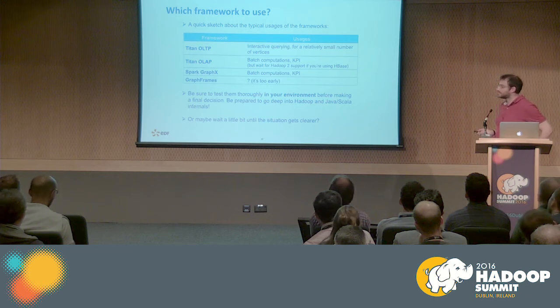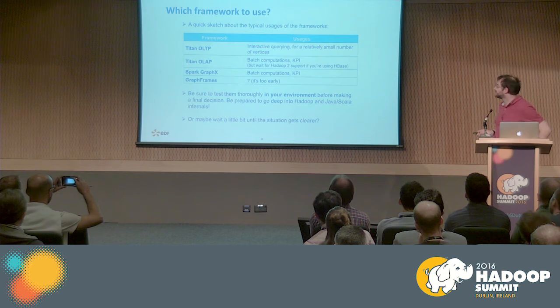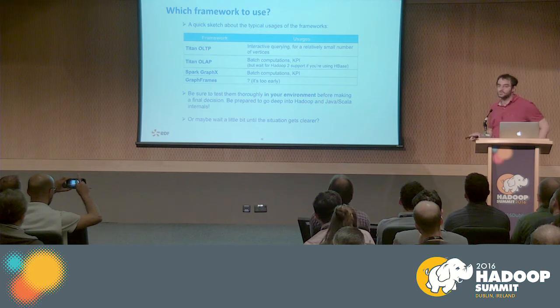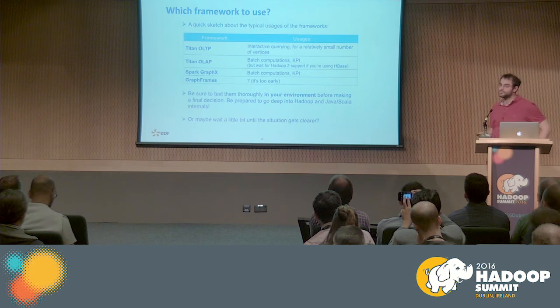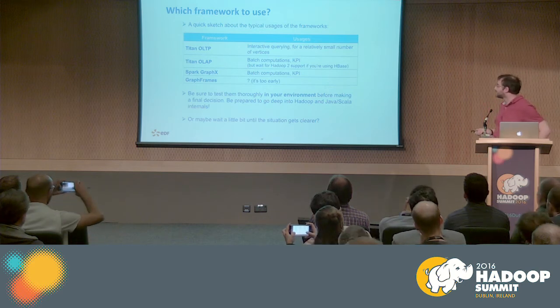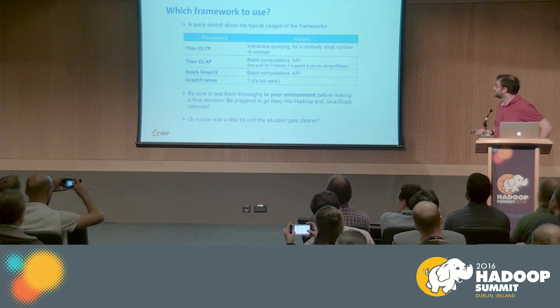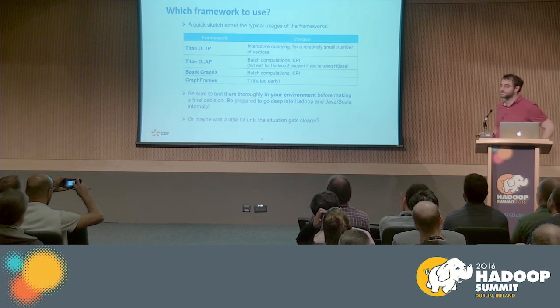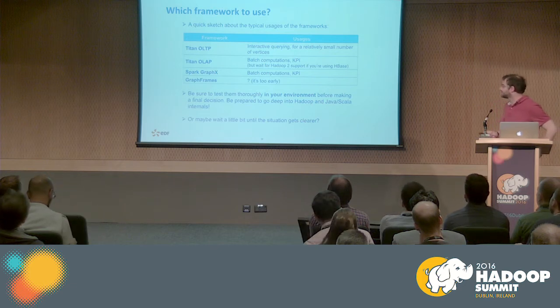Titan OLAP is obviously a very good candidate to perform the computations in advance, to perform KPI computations. But wait for Hadoop 2 support. It's not there yet. Hadoop 1 is not supported anymore, so there's no point in running it. GraphX for the same usage, of course. GraphFrames, we don't know, it's too early yet to have a clear vision on it.